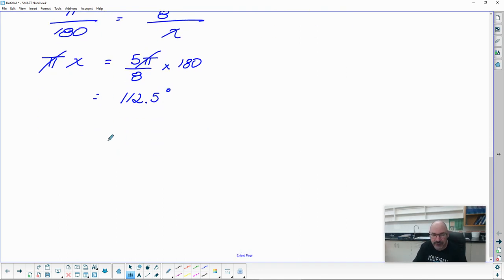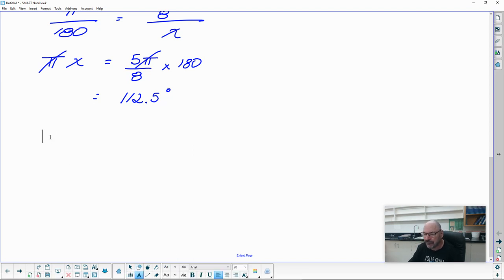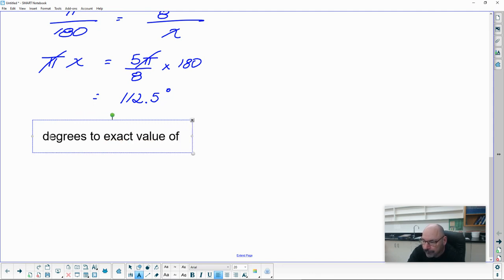So for example 2, we're going to go from degrees to exact radians. Now there are times when you don't have to do exact values, like with fractions, depending on how the problem is.